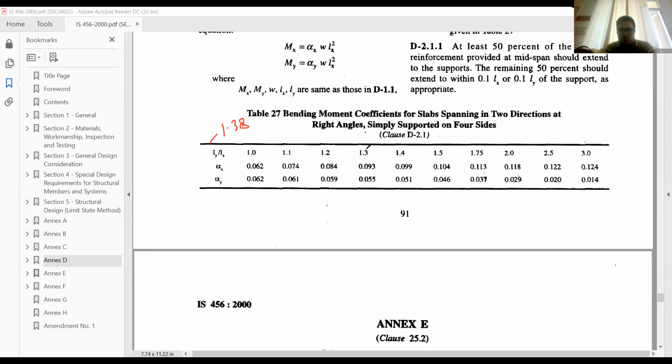So here the value of alpha x when Ly by Lx is 1.3 is 0.093, and when it is 1.4 it is 0.099, and because our value is lying between 1.3 and 1.4, that is why we are taking this. So when the aspect ratio is 1.3, then the value of alpha x is 0.093.